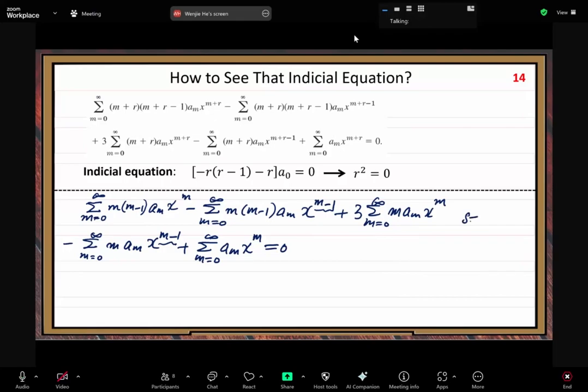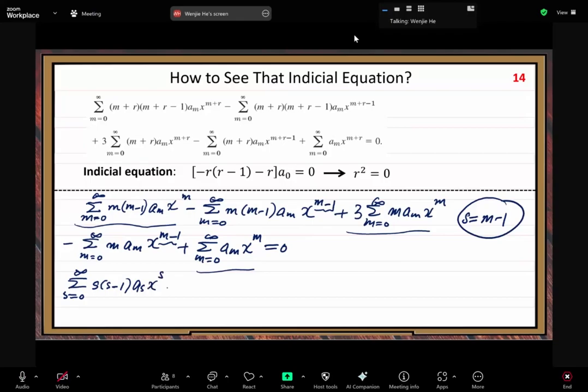Let s equal m minus 1. Do that substitution for the two summations with m minus 1; the other three summations we don't need to change. Now when m equals 0, s equals negative 1.